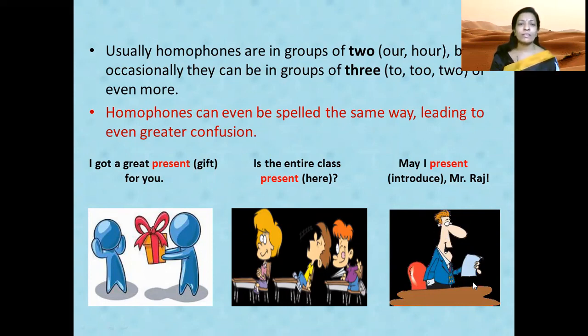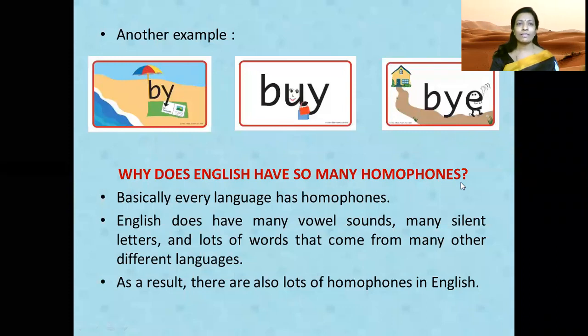That is, the three different images show how the word present, which sounds the same and which is spelled in the same way, has three completely different meanings. So now, when I use the word present in my sentence, I need to make it very clear which present or which meaning I mean when I am using it. Here is another example.